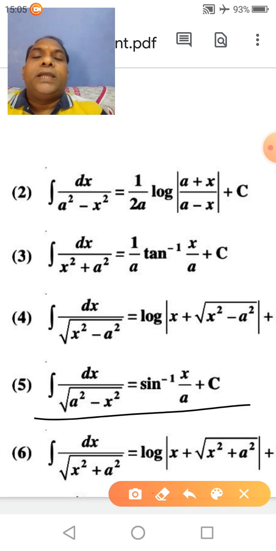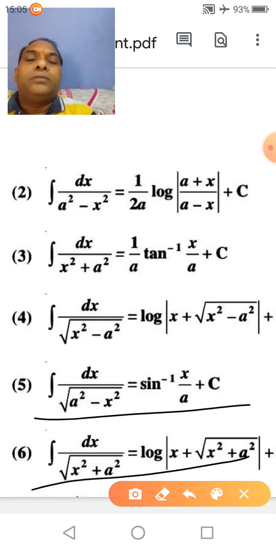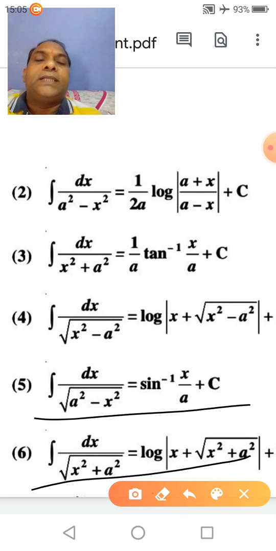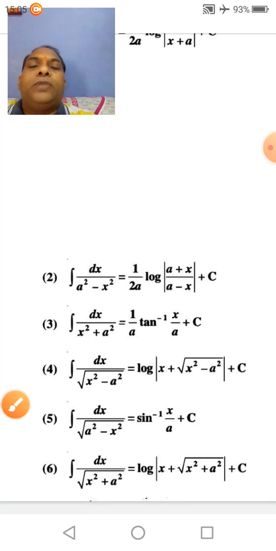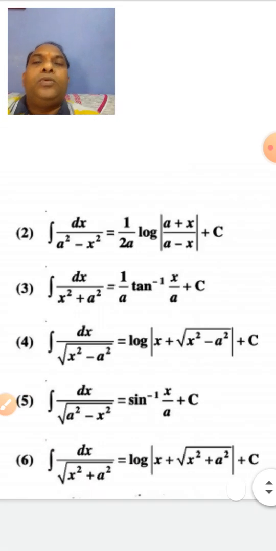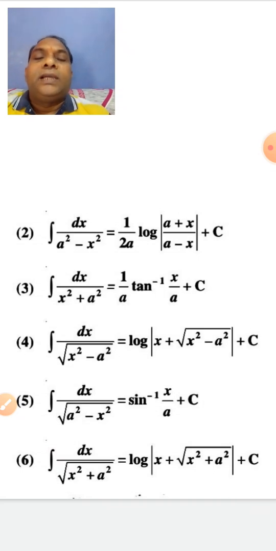And sixth formula is integration of 1 upon root x square plus a square is equal to log x plus root x square plus a square plus c. So you have to use these formulas. You can use these formulas to integrate. Clear?